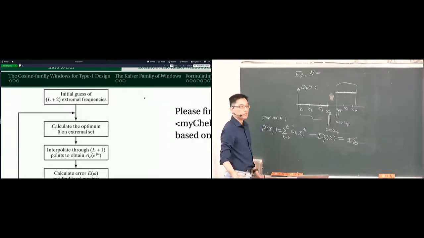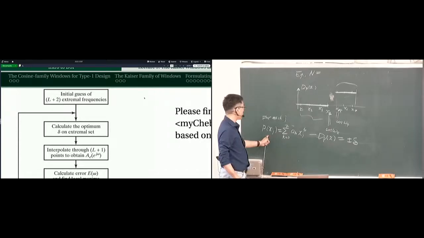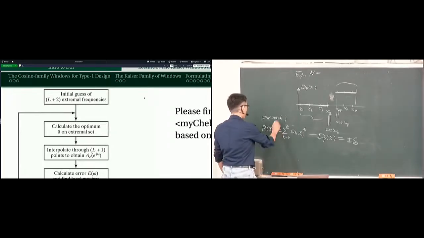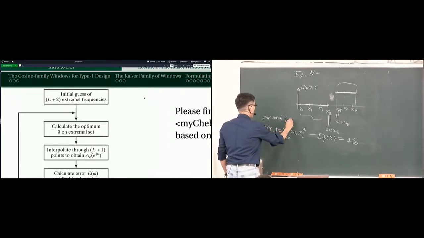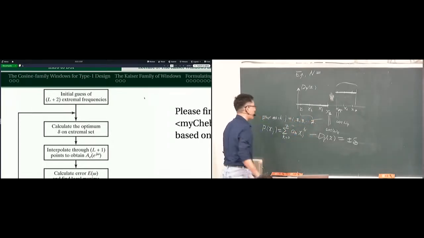Delta is the maximum of the approximation error. So you can quickly write down 7 equations, a set of 7 equations for each j from 1, 2, 3 to 7.